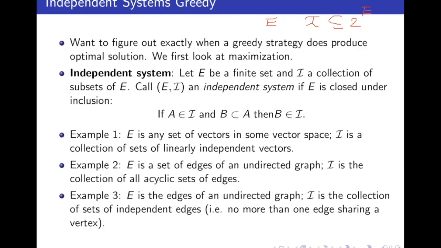These two things, E and I, we call an independent system if I is closed under inclusion.